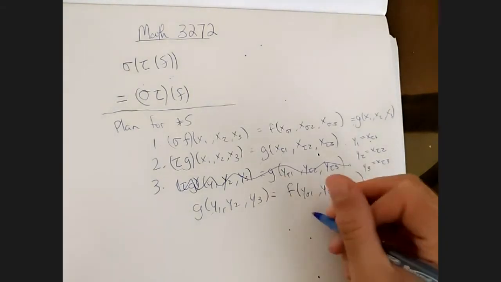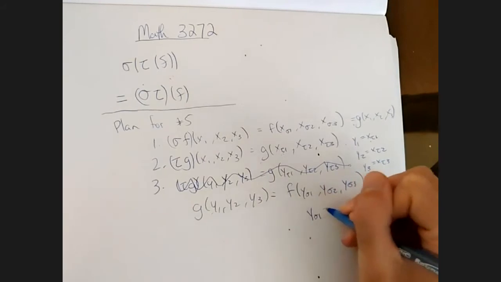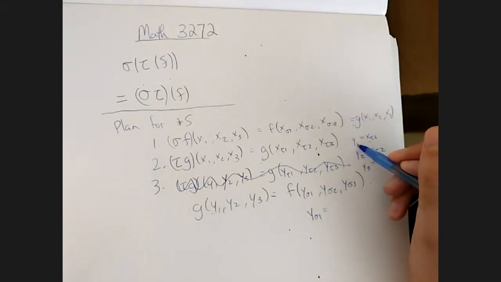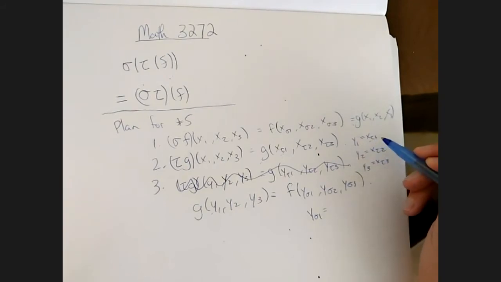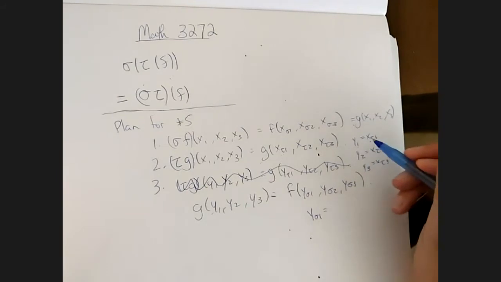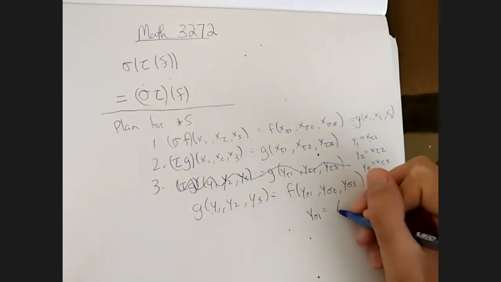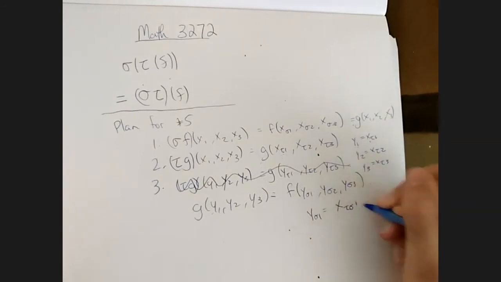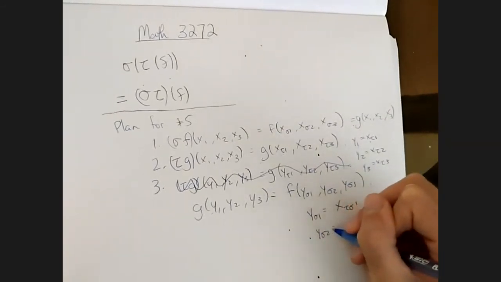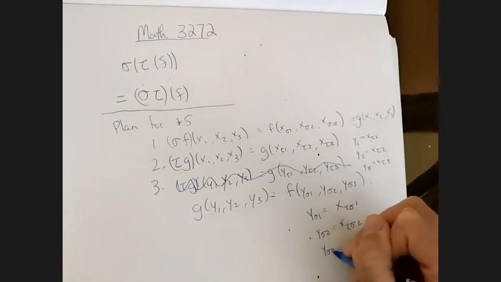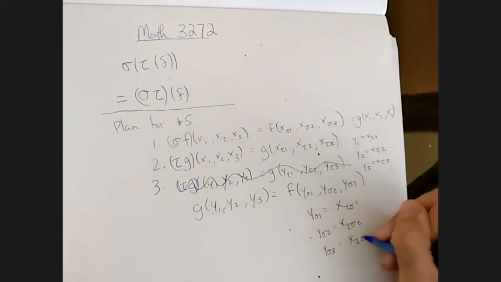So basically yi is really x tau i. Then y sigma 1 is going to be x tau sigma 1, y sigma 2 is just another name for x tau sigma 2, and y sigma 3 is just x tau sigma 3.